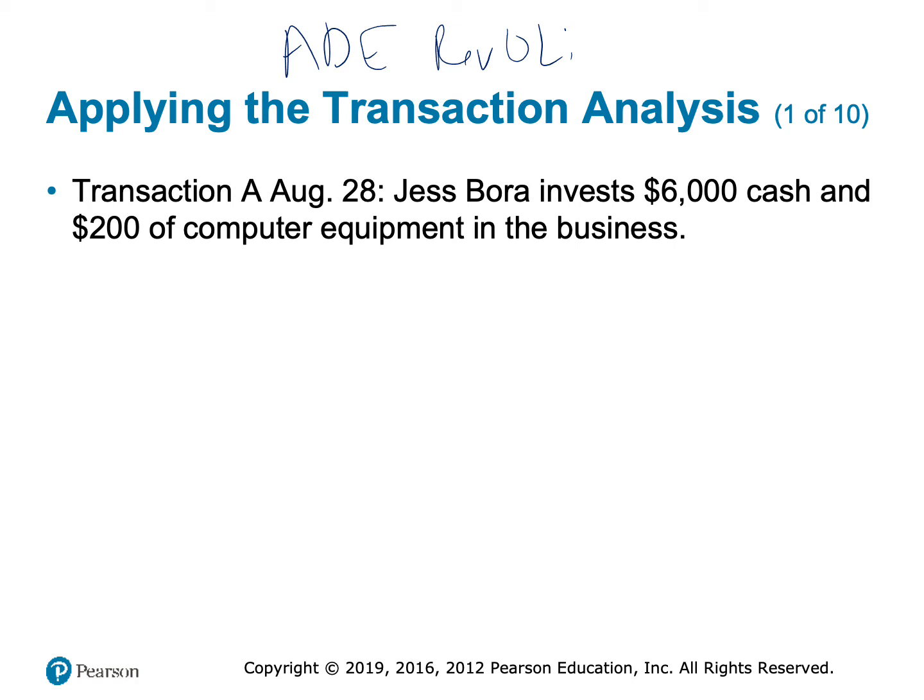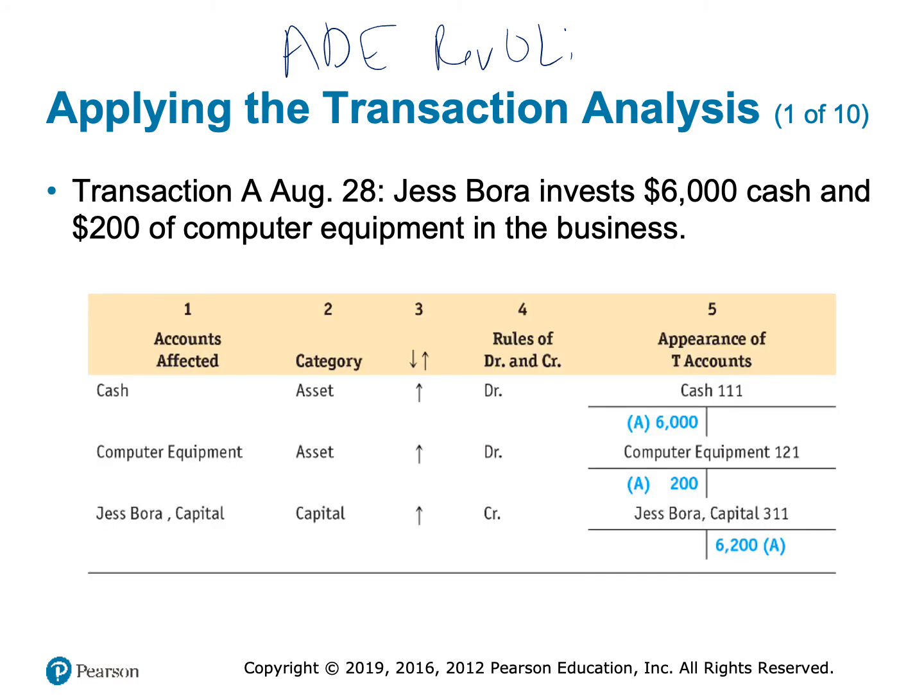So in this transaction, I have 2 debits and 1 credit. 2 debits for $6,000 and $200 respectively, and then I'm going to have 1 credit that has to equal those debits. So I have to have a credit for $6,200 because that is the amount of external investment.